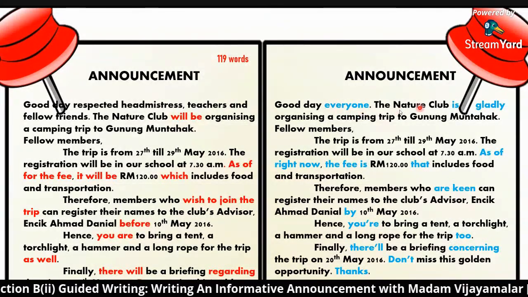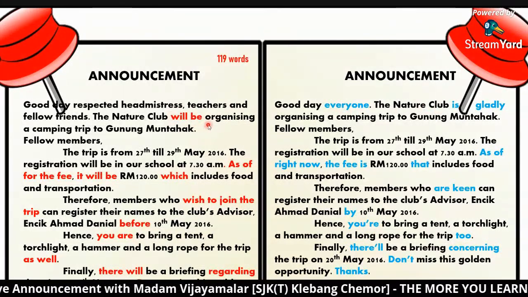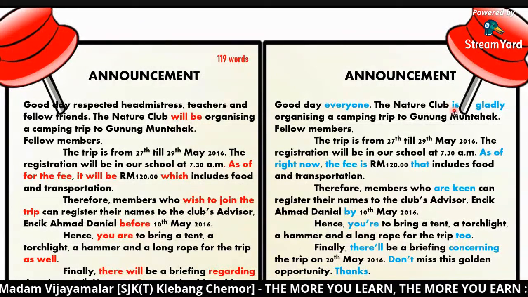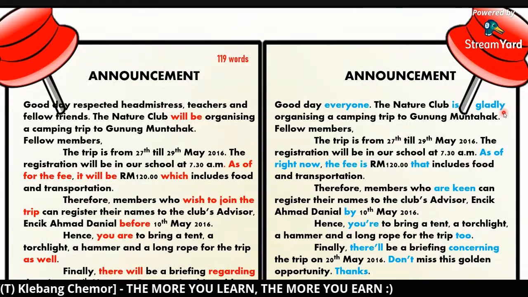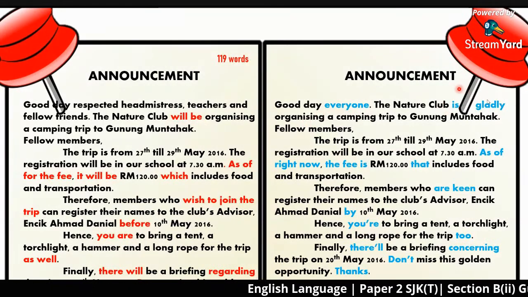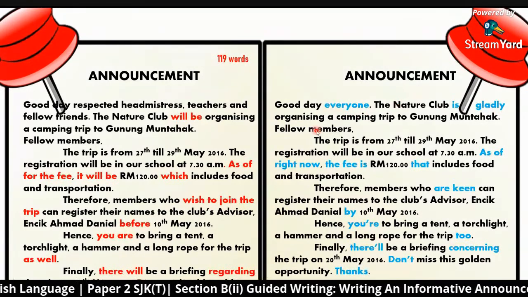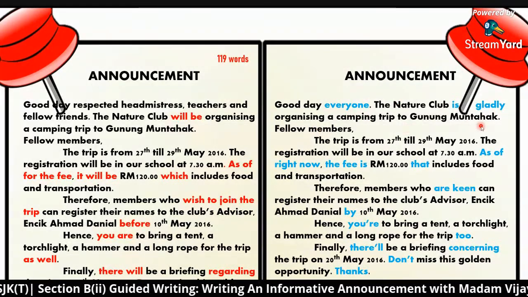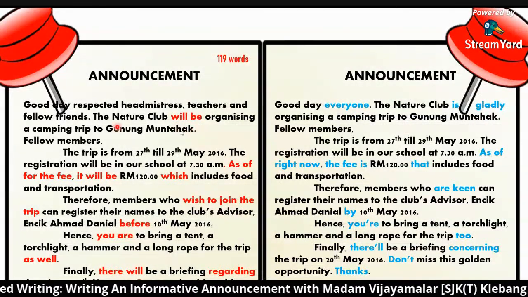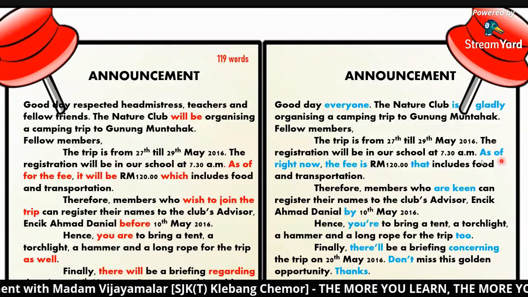So the Nature Club will be organizing. That's what we did. Now I have changed it to is gladly organizing. Can you see the word there? Yes, you can use that. Is gladly organizing a camping trip to Gunung Muntaha. That's the same one. Fellow members, the same. Now I'm going to ask you to look here.